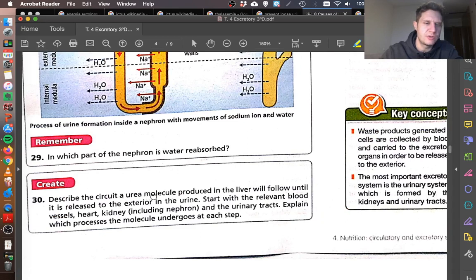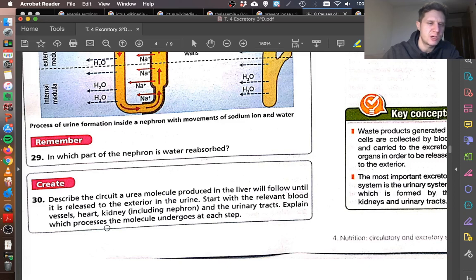Describe the circuit the urea molecule produced in the liver will follow until it's released to the exterior in the urine. Start with the relevant blood vessels: heart, kidney, including nephron, and the urinary tract.